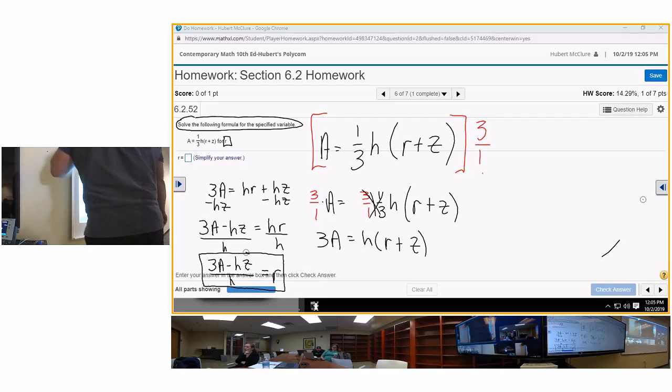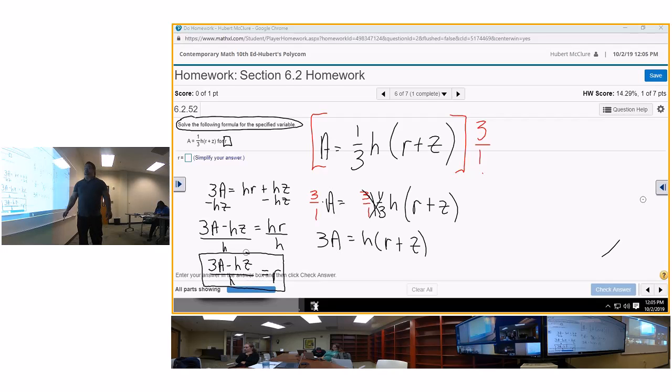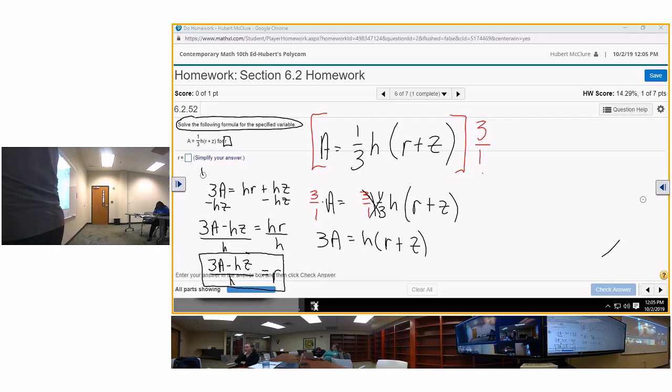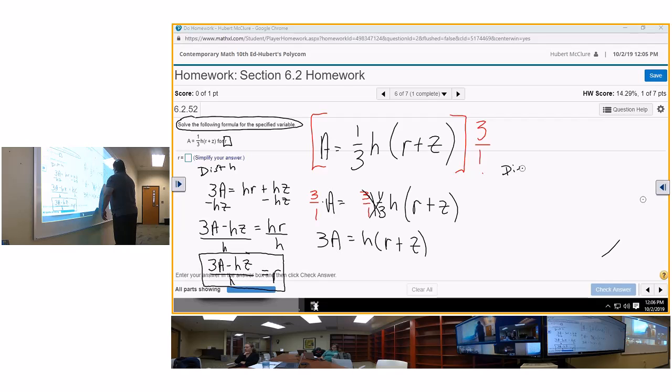The other way is to divide by H. So this is distributing H, and this will be dividing by H. If I divide by H, I'll get 3A over H is equal to R plus what?